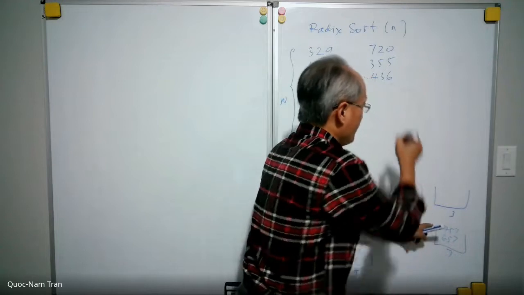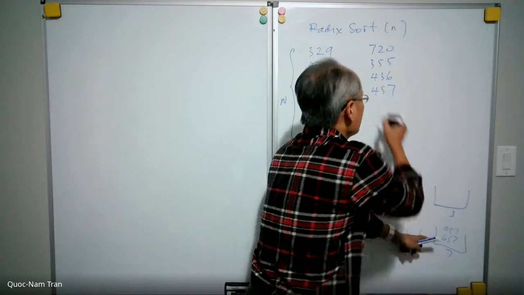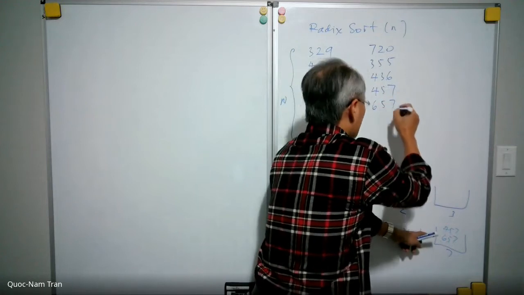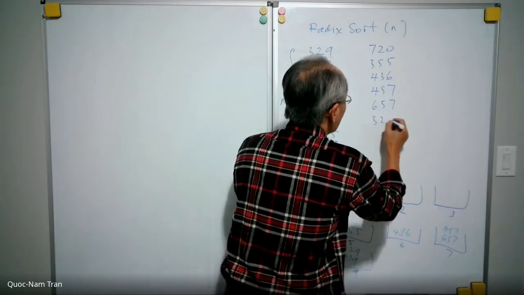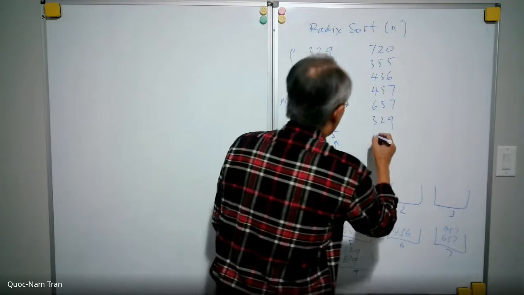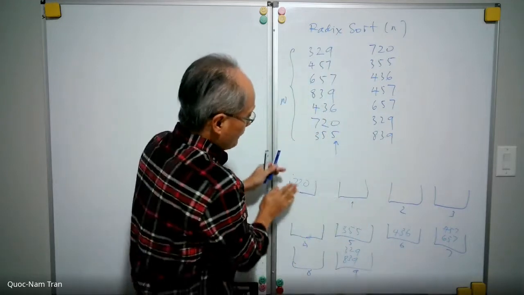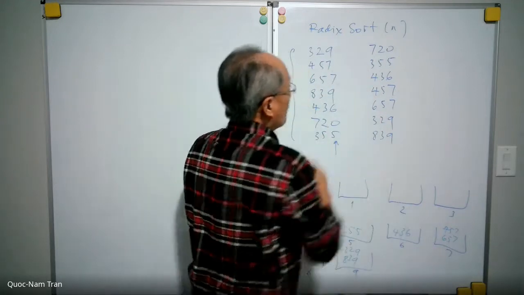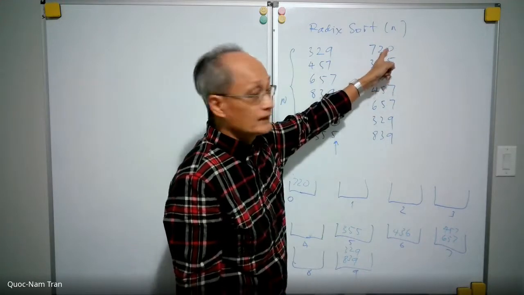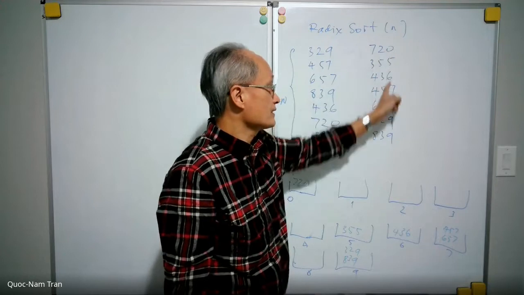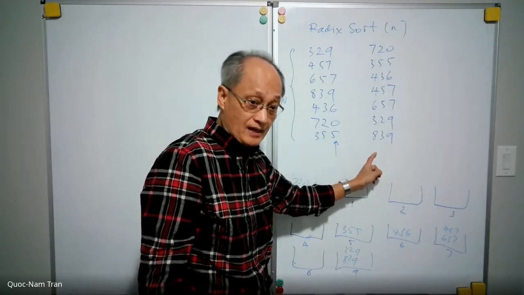And then 457, 657, and then 329, and then 839. So you can see that after we copy back, the numbers are sorted with respect to the least significant digits, right? So that's the first step.